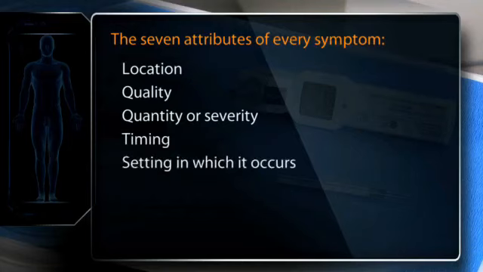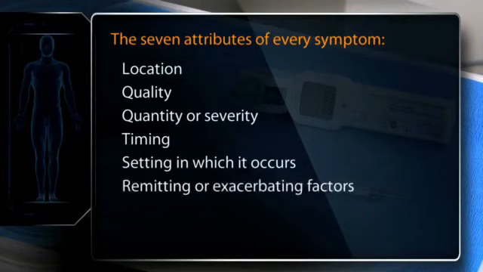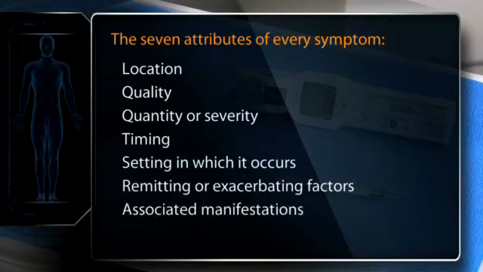The setting in which the symptom occurs, that is, environmental factors, personal activities, emotional reactions, or other circumstances that contribute to the pain. Remitting or exacerbating factors: is there anything that makes it better or worse? And associated manifestations: has the patient noticed anything else that accompanies it?